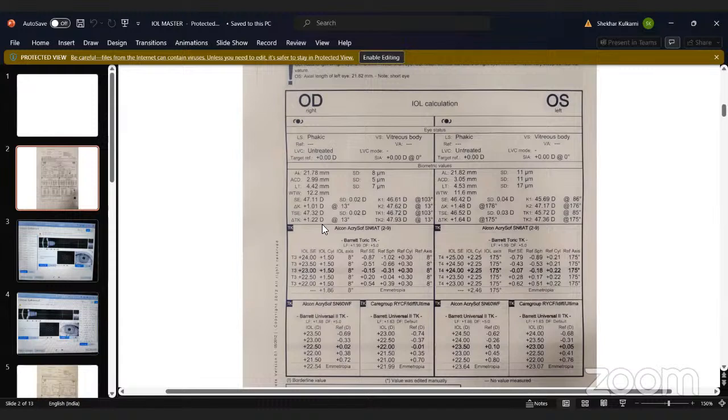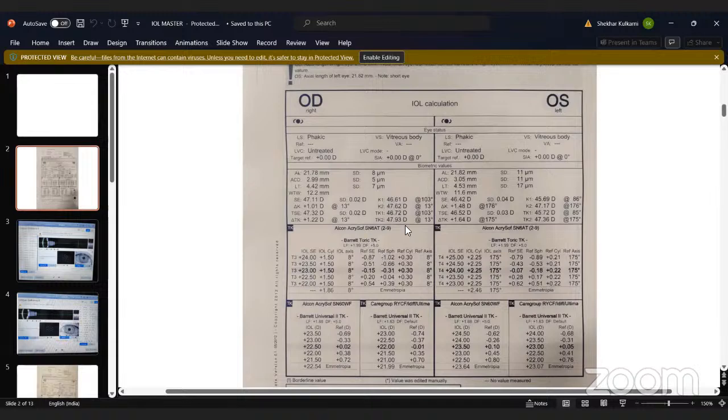And the difference between the steep and the flat axis we can get with the total keratometry. Here, the steep axis is 47.32 diopters, and the flat axis is 47.11 diopters. So the difference between the two comes out to be 0.2.